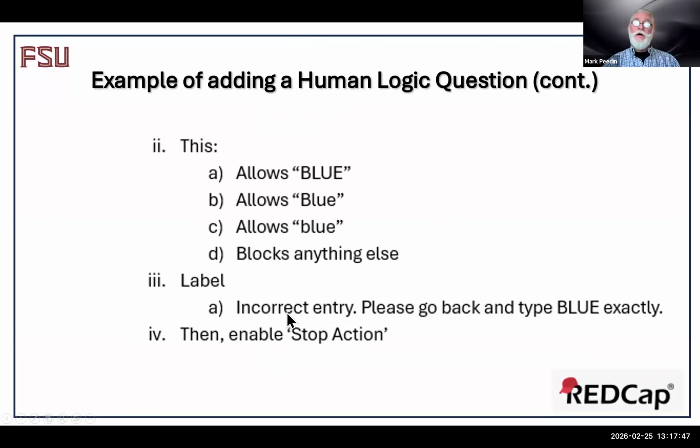So I would have a pop-up saying it was an incorrect answer, please go back and fill in "blue" again. But at that point, you go ahead and do a stop action, and you've stopped that bot from filling out the survey.